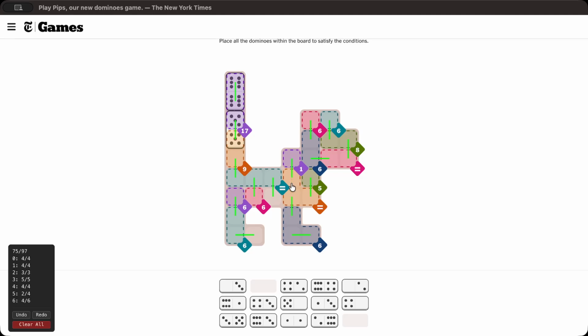It can't be a 1 6. So this is a 1 3. Is that forced? It can't be a 1 6 because we don't have 6s left to make the equals. And it can't be a 1 1 because we don't have a 5 1. So we can't have 1 in this thing. So I think this is a 3 3, which means this can't be 3s. So this is a 6 2. And this is a 4 2.